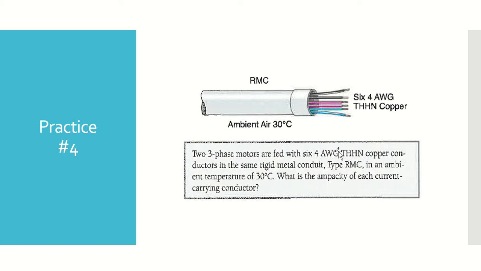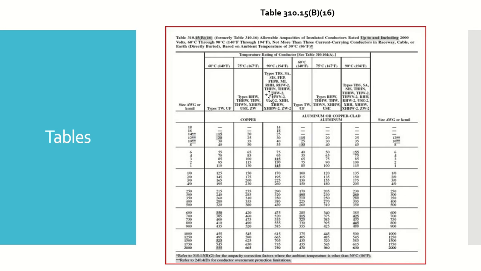So the first thing I'm going to do is look at number 4s and what type of jacket is a THHN. So a THHN is a 90° jacket. THHN 90°, and number 4s are good for 95 amps.